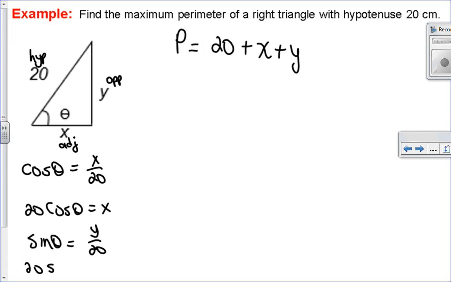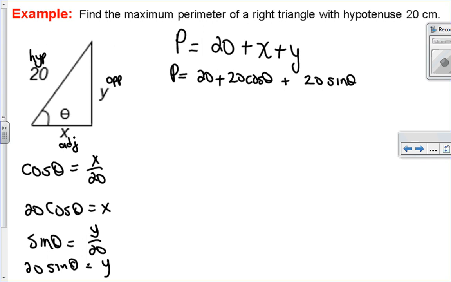Multiply both sides by 20, and I get 20 sine theta equals y. Now that I have x and y in terms of theta, back up to my perimeter question, and I can write this as 20 plus 20 cos theta plus 20 sine theta instead of y.